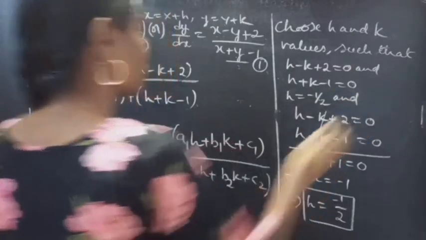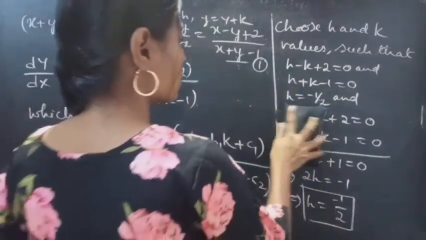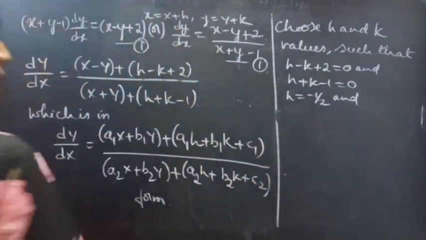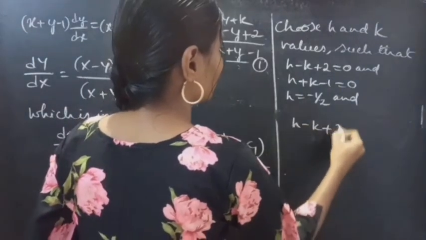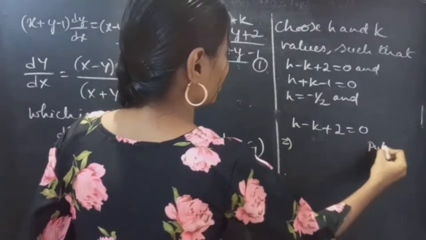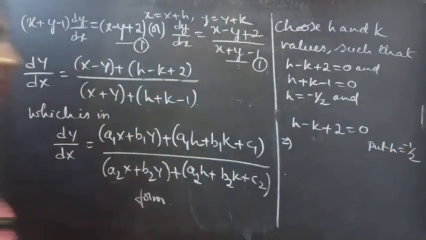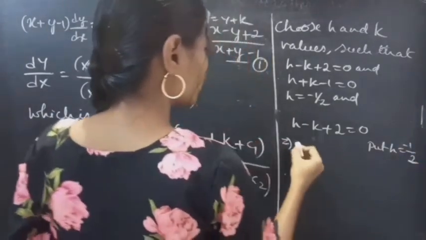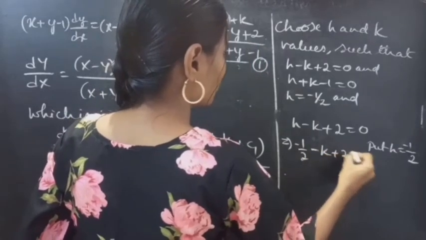And if you put the value of h in any of these two equations, you'll get the value of k. So let's take the first one and put h equals to minus 1 by 2. We'll get minus 1 by 2 minus k plus 2 equals to 0.